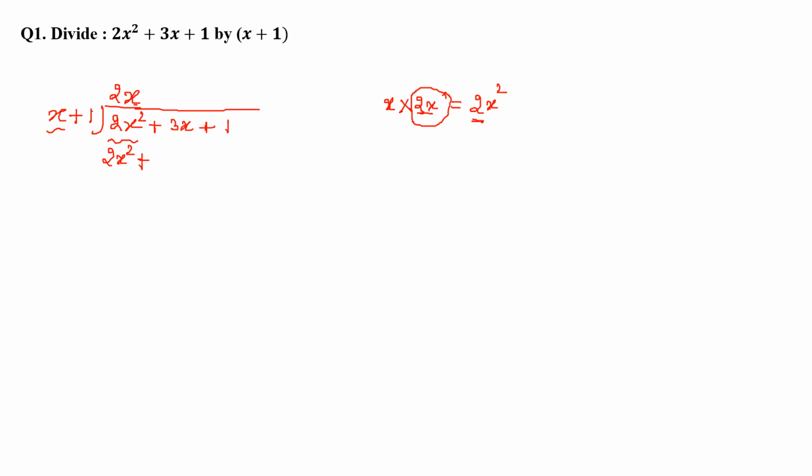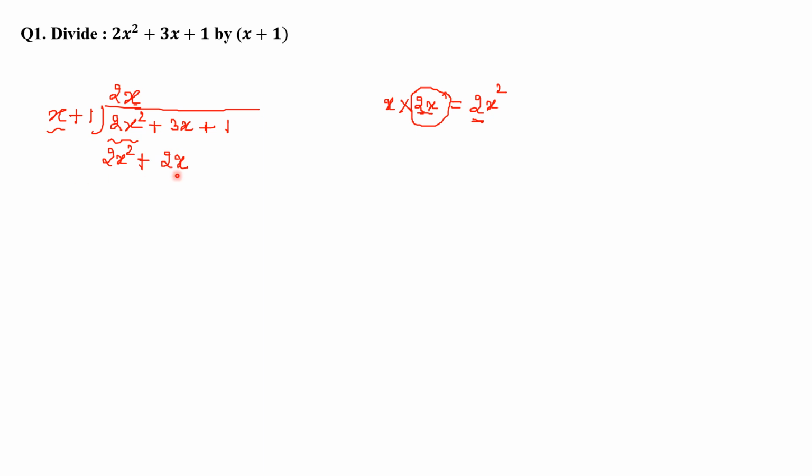Now before writing 2x, you have to see that the power of x on the top and at the bottom should be the same. If I am writing 2x here, you can see here in the dividend it is 3x, and here it is 2x. So both have the same degree, isn't it? The same degree terms we have to write one below the other when we are multiplying the first term of the quotient with the divisor.